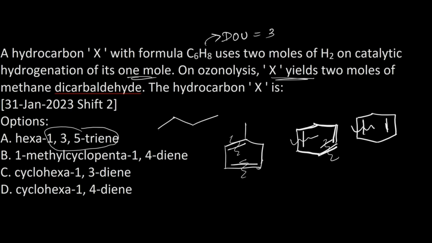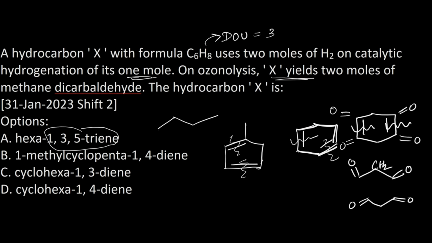Here you can see if I am breaking this, I'll end up with double bond O, double bond O. This side also the same thing. If you don't know what methane dicarbaldehyde is also, you can solve this question. But you have to have a basic understanding of how ozonolysis works. So the answer to this question is cyclohexa 1,4 diene.